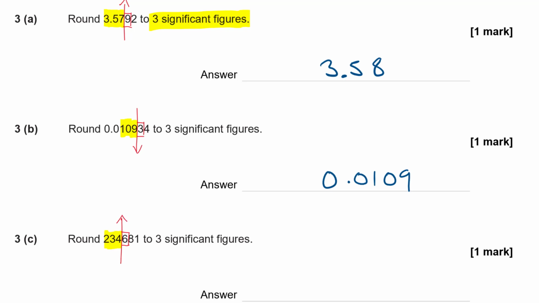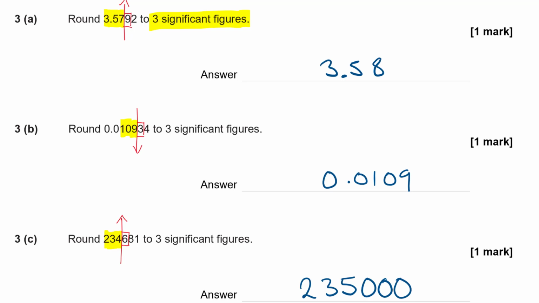So my digits 2, 3, 4 are going to go up to 2, 3, 5. Okay, not quite finished here. 235 is not a great approximation to 234,681. My 2, 3, 5, that was the number of thousands, wasn't it? And so to make it the same sort of size, I'm going to have to pad it out with 3 extra zeros.